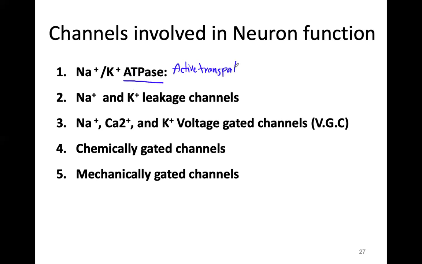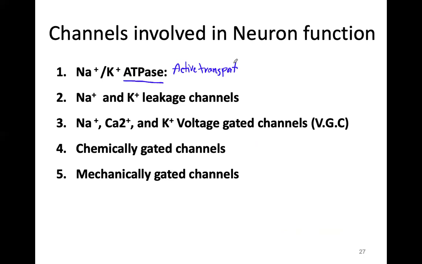Active transport implies that you need energy, ATP or some other form of energy. It also implies that the ions, sodium and potassium, are going to be moving against their concentration gradient, which basically means you are forcing ions in this case to go from a low concentration to a higher concentration.